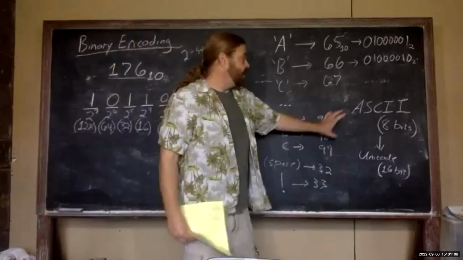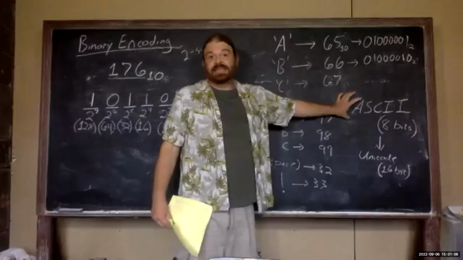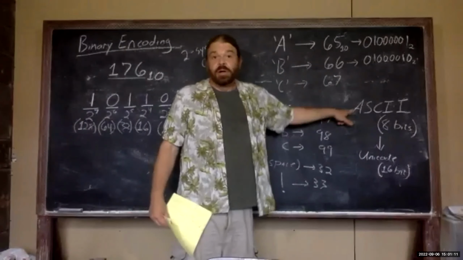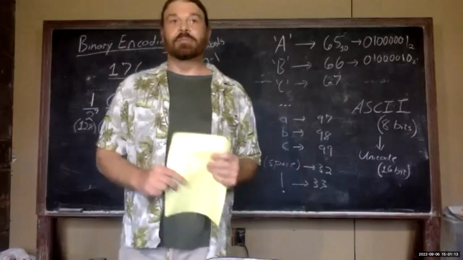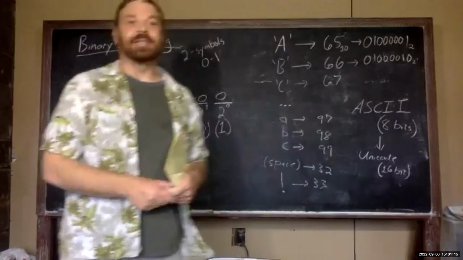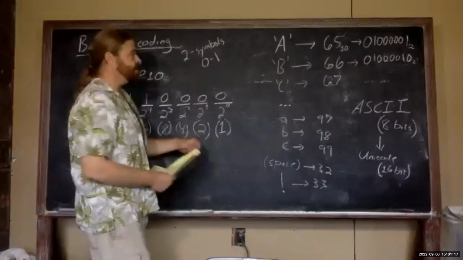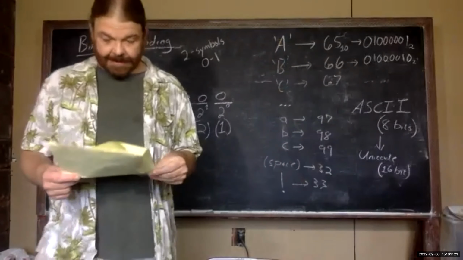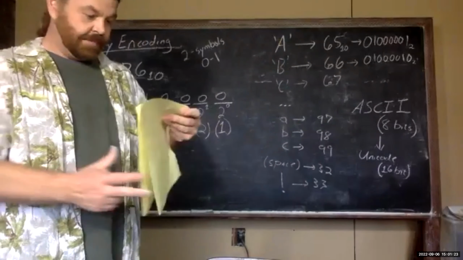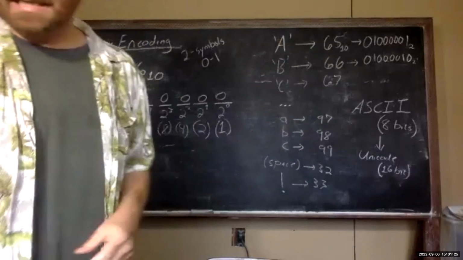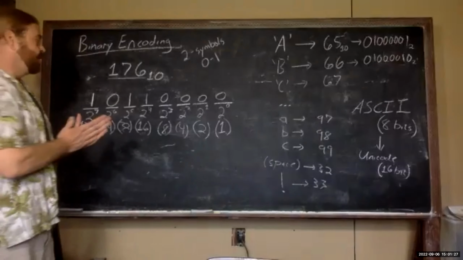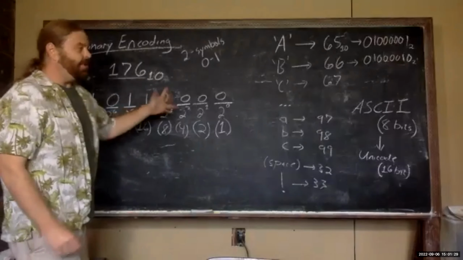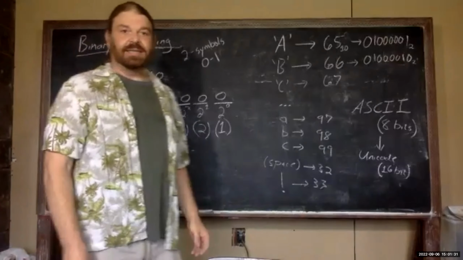So the first 256 symbols in Unicode are ASCII code, which are the ones we need as Americans. But it's just a 1-to-1 ratio once we have our numbers. That's the main idea of it. There's a few other things that you'll see later.